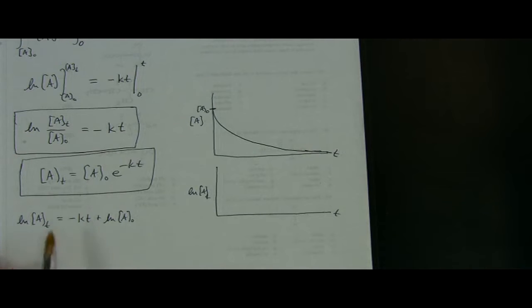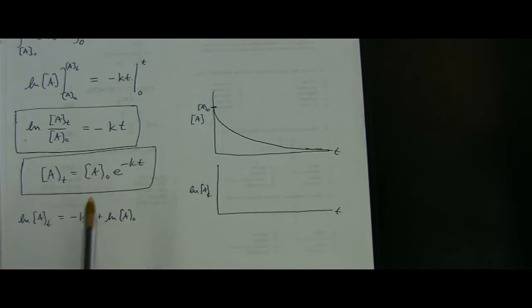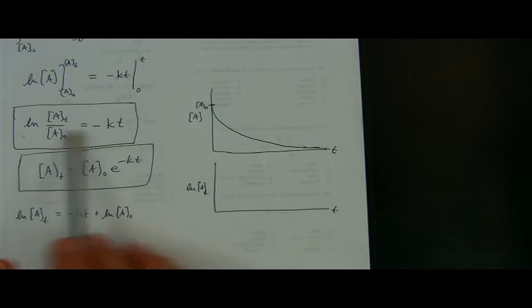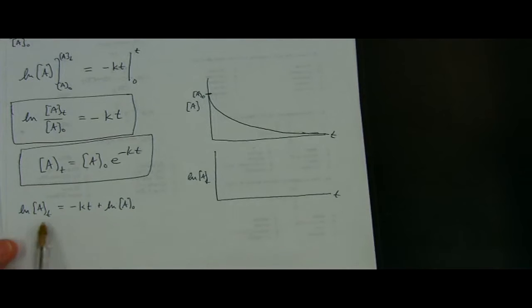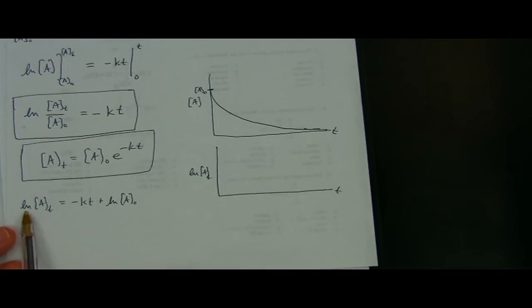So all I've done is split this up into two, log of A minus the log of A naught. Everybody buy that? And then just brought the log of A naught to the other side. So that represents the equation for the log of A as a function of time.